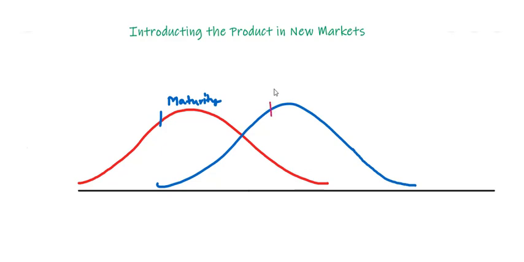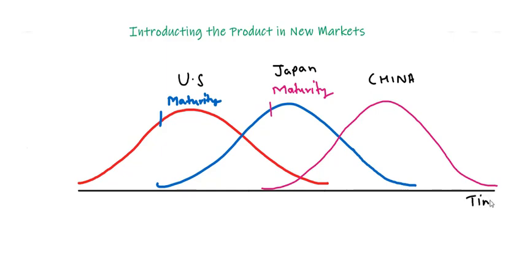The product will go through the same life cycle also in the foreign market. As you can see, by introducing the product in an external market, the life of the product has increased. The company might keep finding newer and newer markets for the product to increase its life.